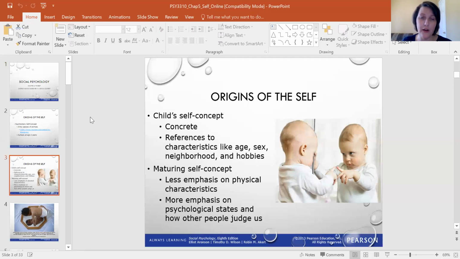If I as a professor ask you who you are, or your mother, a friend, an acquaintance, or maybe a religious figure, your answer will change based on who asks you, and also based on how you feel that person is judging you. Your answer to a really good friend will be different from an acquaintance. And so this is a matured self-concept, understanding who you are based on everyone around you, and understanding who you are much more deeply than just physical characteristics.